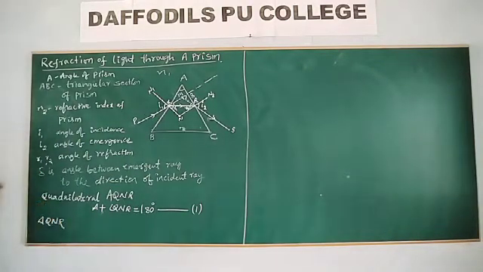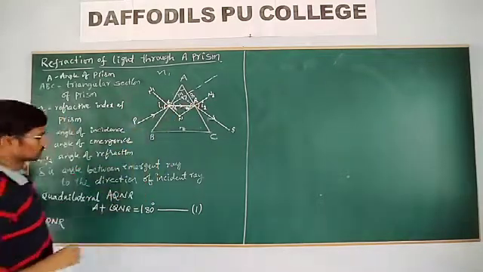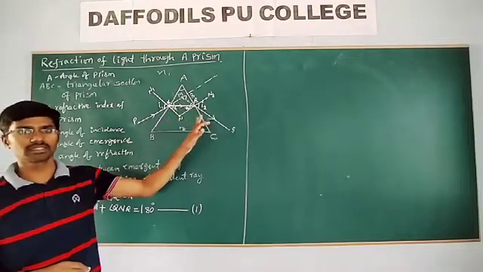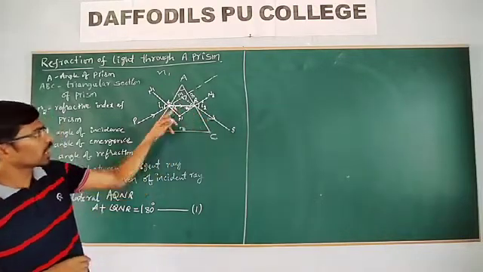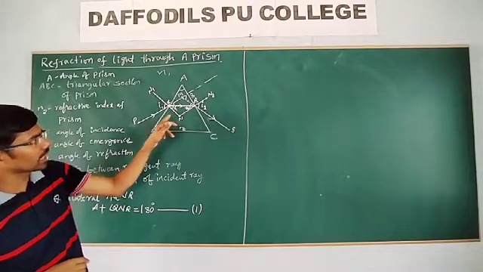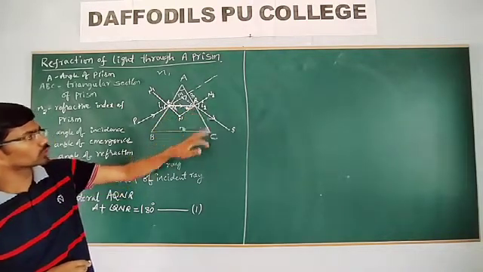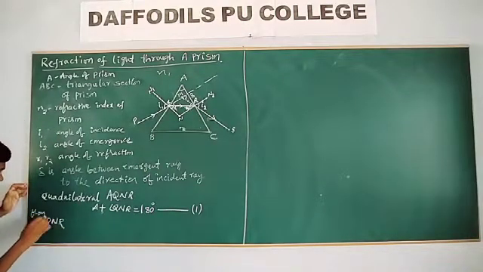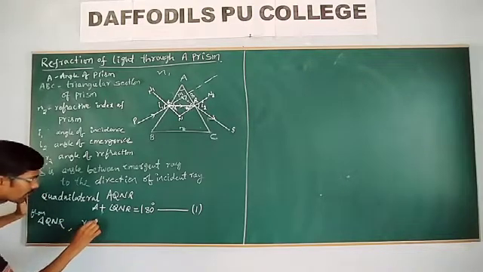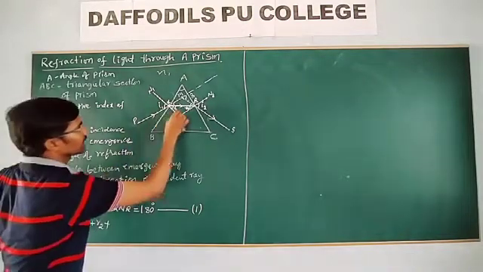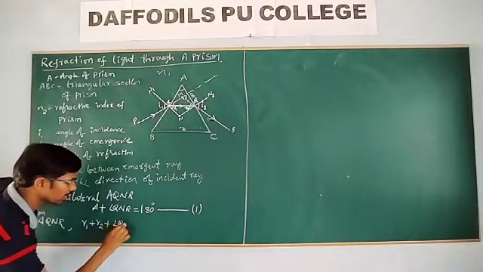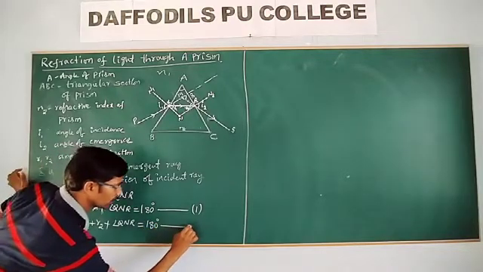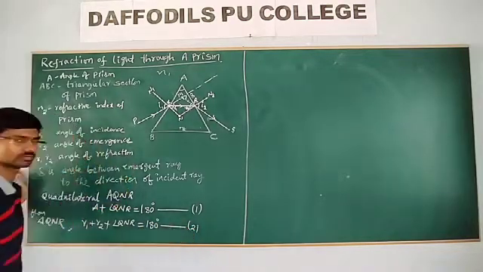What is the sum of the angles in this triangle? 180 degrees. Then R1 plus R2 plus angle QNR is equal to 180 degrees. Let me write here, from triangle QNR, R1 plus R2 plus angle QNR is equal to 180 degrees. Let me take this as the second equation.